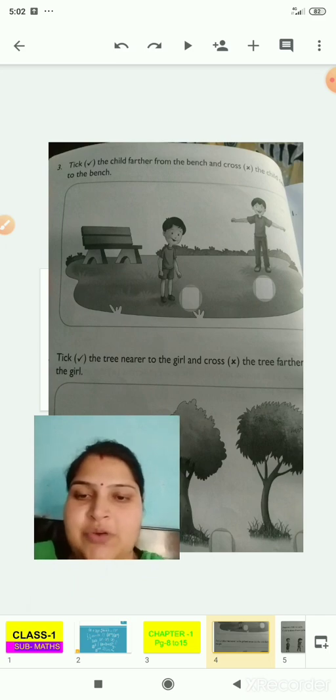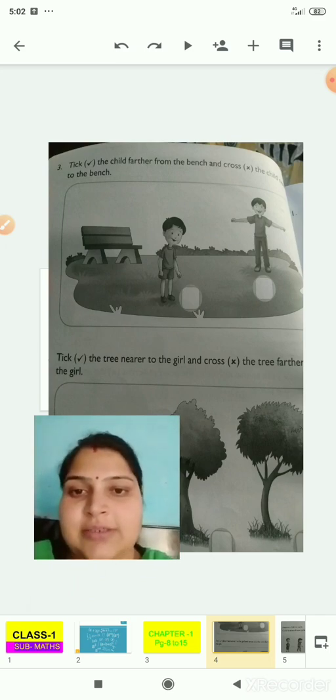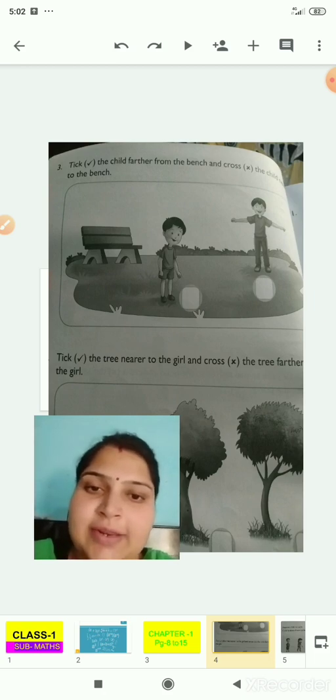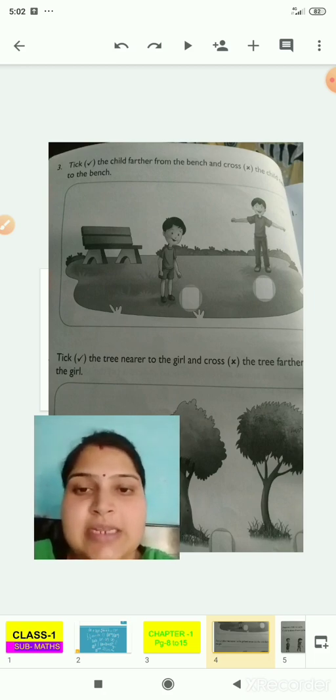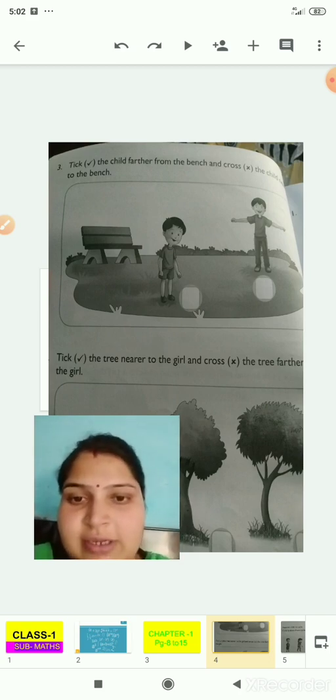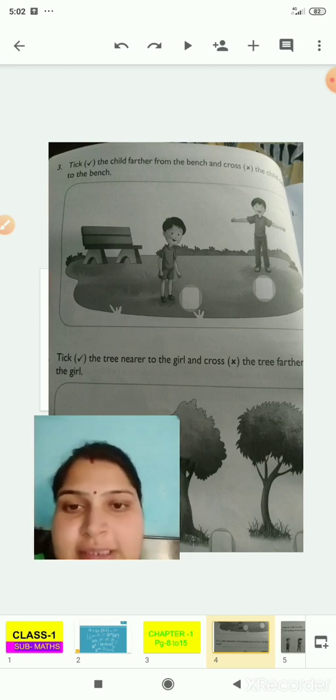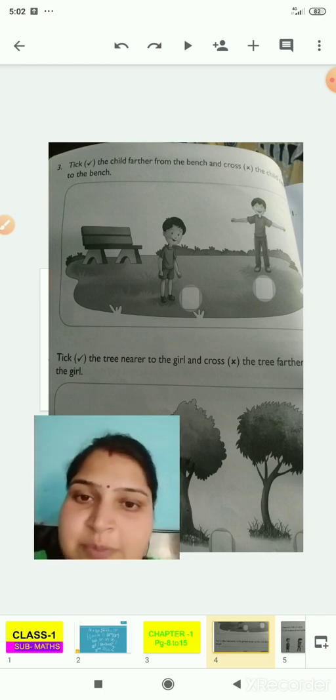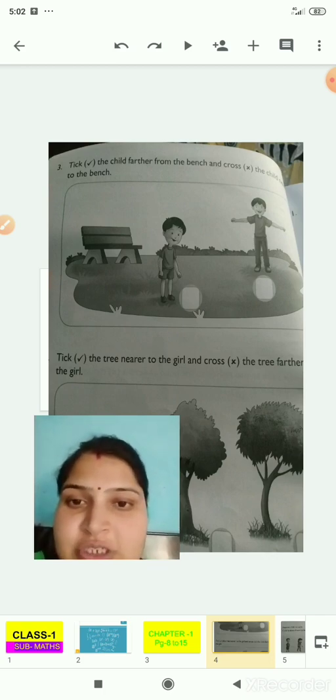Question number 3 is: tick the child farther from the bench and cross the child that is nearer to the bench. Here you can see a picture. In this picture you have to tick the child who is far from the bench and cross the child who is near to the bench.